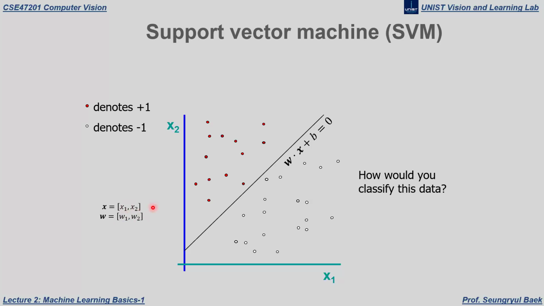So this sample has this amount of X1 value and this amount of X2 value, right? Given these two-dimensional values, we can position each sample on this two-dimensional graph, okay? So the X vector means each sample's coordinates, okay?